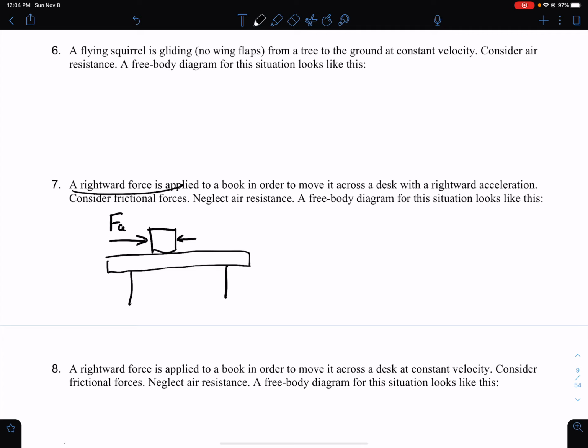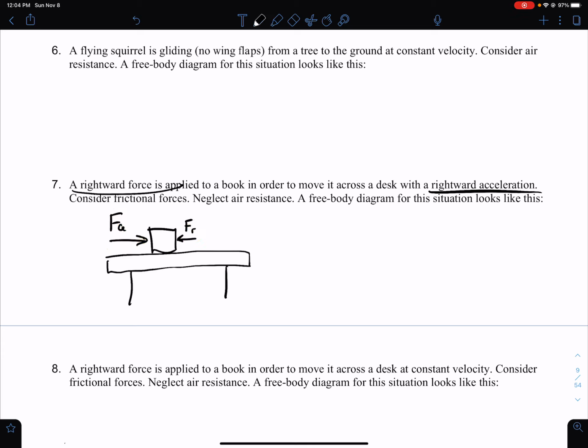It says that it's a rightward force, so I've got that right. And it says that it's a rightward acceleration. So my frictional force, my resistance, has to be less than the applied force. Either that or it wouldn't be accelerating to the right.